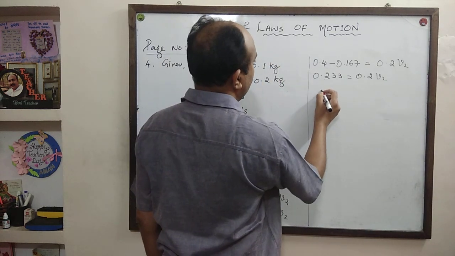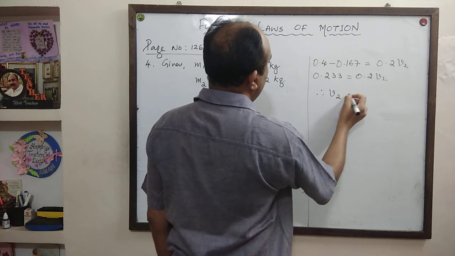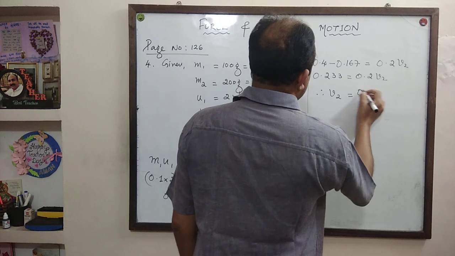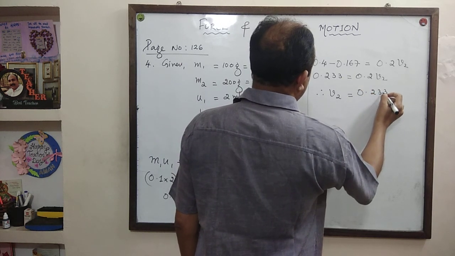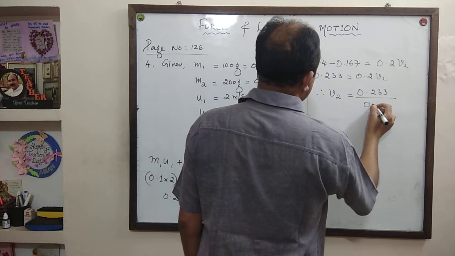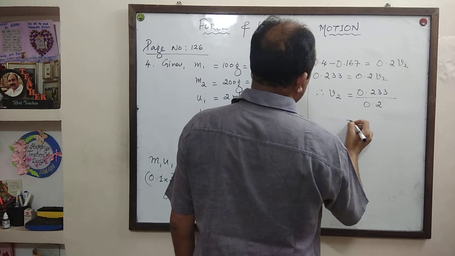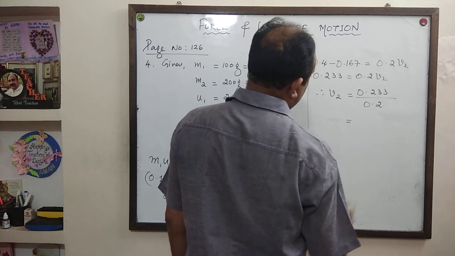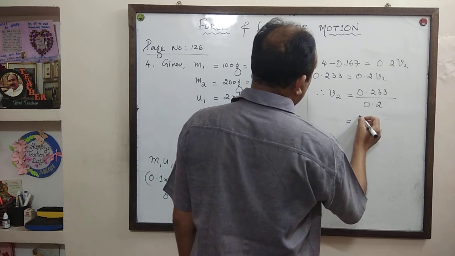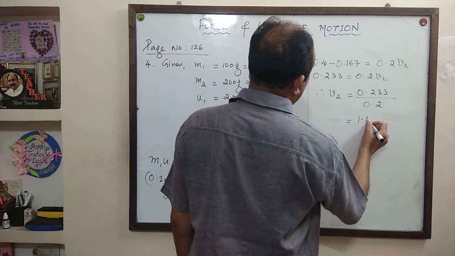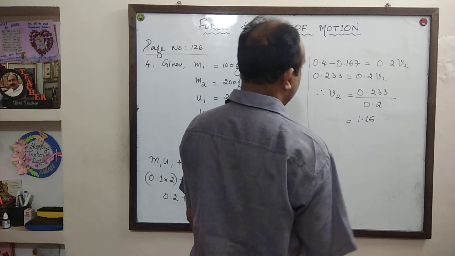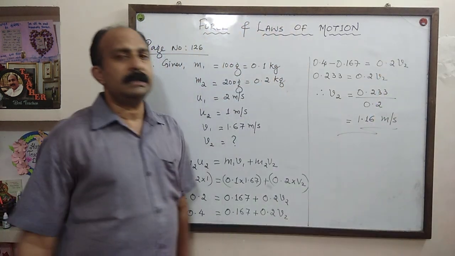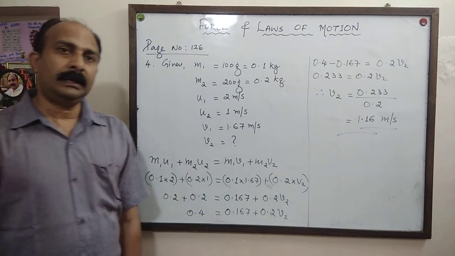Therefore, V2 is equal to 0.233 upon 0.2, approximately 2.33 upon 2, 1.16. 1.16 meter per second. Clear?